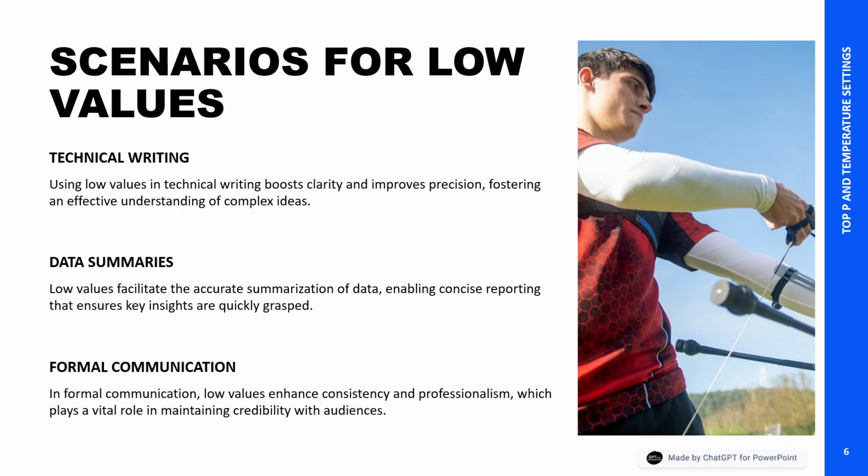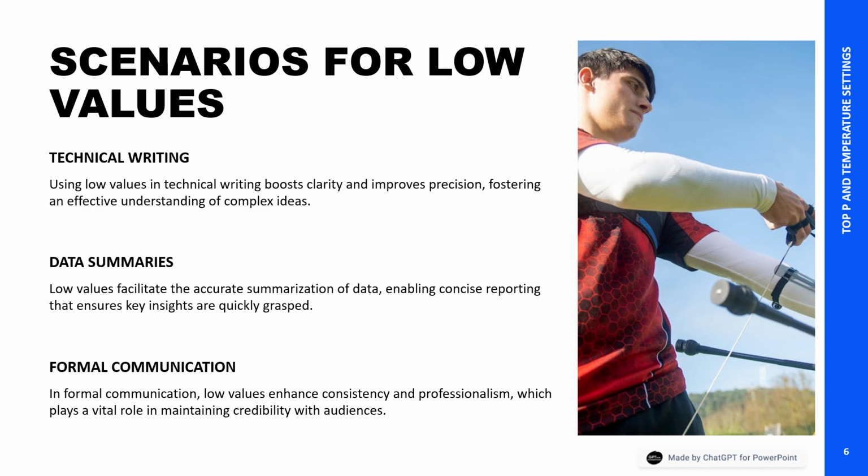For data summaries, if you are summarizing something, then it should choose very specific information, so that the summary is complete in itself and makes sense. That is why, if you are doing data summarization, you should keep the top P and temperature values lower.